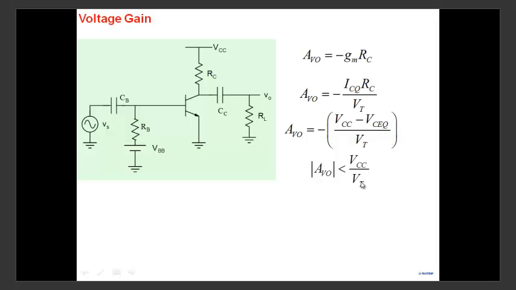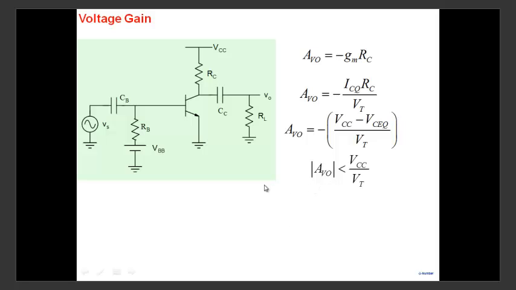Where is beta here? Does beta play any role in terms of the maximum gain that I can get? Whether I have a transistor with a beta of 100 or 200, the maximum gain from an amplifier like this is eventually limited by the supply voltage VCC, not by beta.